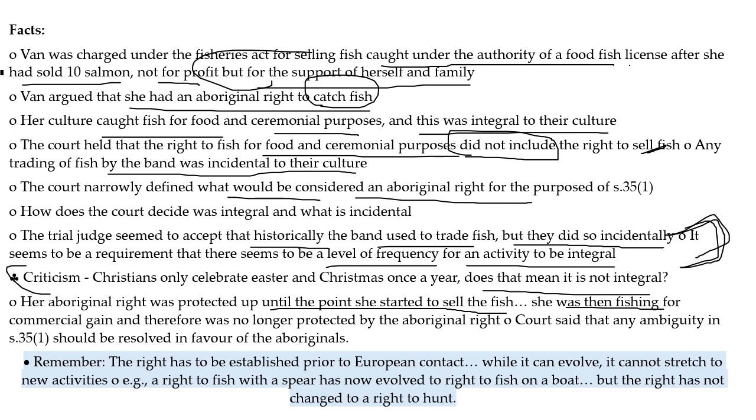She was then fishing for commercial gain, so that was no longer protected by aboriginal right. The court said that any ambiguity in section 35(1) should be resolved in favor of aboriginal peoples. If there is some kind of confusion that leads the court not to reach one particular decision, then the decision will be in favor of the aboriginal group.